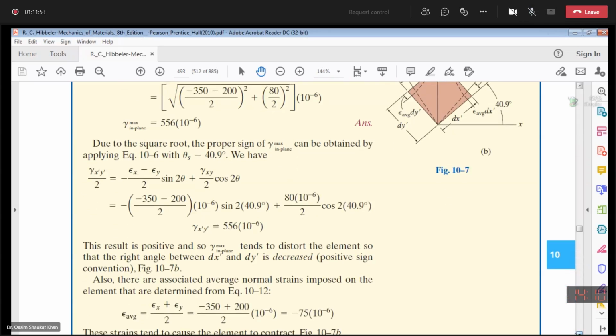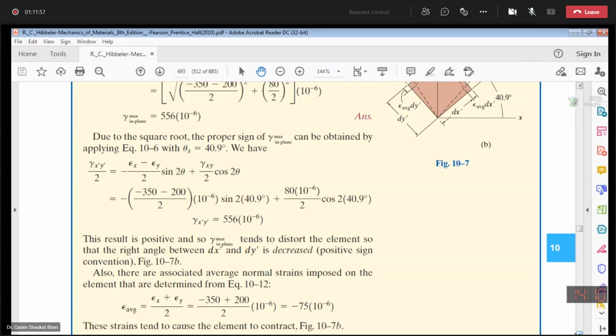Minus 75 microstrains: minus 350 plus 200 divided by 2 is minus 150 microstrains divided by 2, minus 75 microstrains, and it is negative, which means it will cause the element to contract.